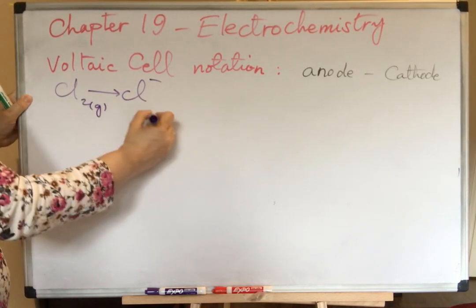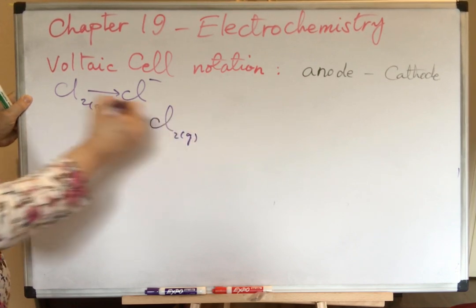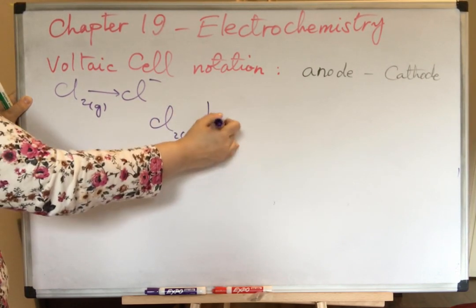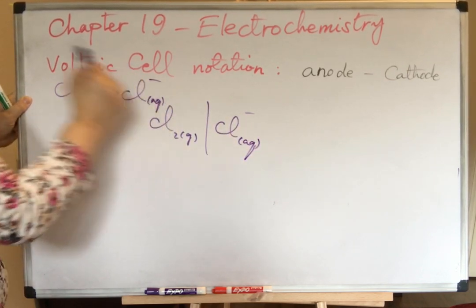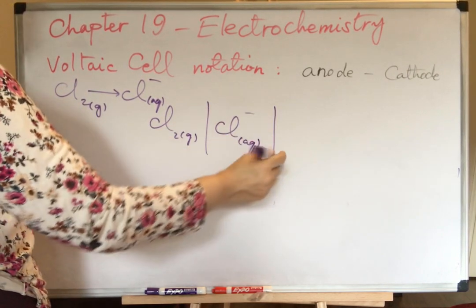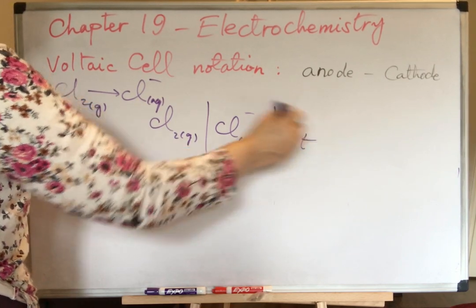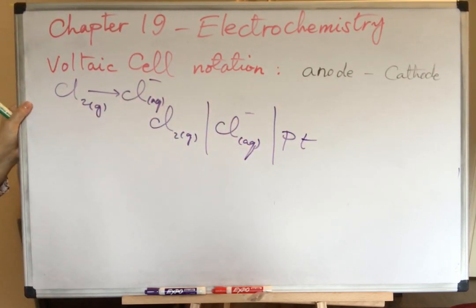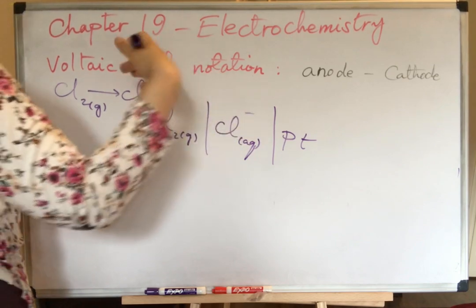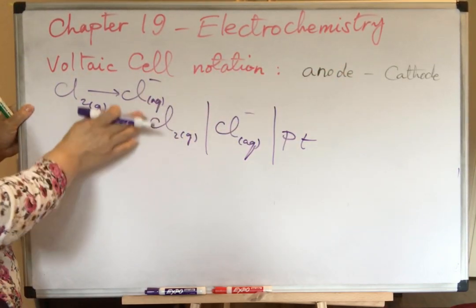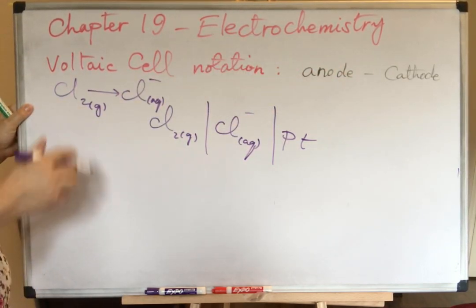So you have chlorine gas, right? Chloride is in the solution, it's aqueous, and you will separate the solution from your platinum, from your inert metal. So this is the reduction, so platinum goes to the far right at the very end of the cell notation. That was the cathode.